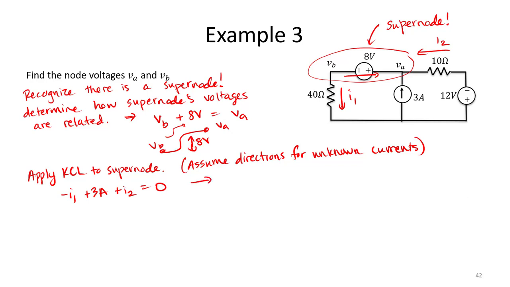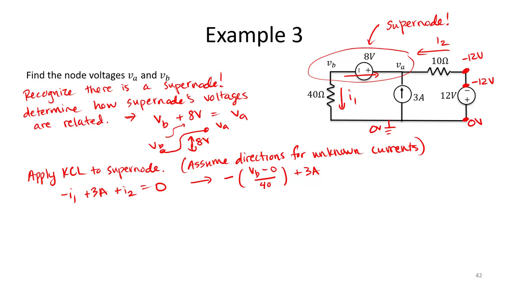So now we need to rewrite in terms of the node voltages. Minus I1 is going to be equal to minus VB, let's call this our ground, 0 volts. So we have VB minus 0 over 40 ohms plus 3 amps. And then we have, for this other node, basically a minus 12 volt source here because we're sitting at 0 volts on one end of our source. We're 12 volts lower here. So the voltage here is minus 12 volts.